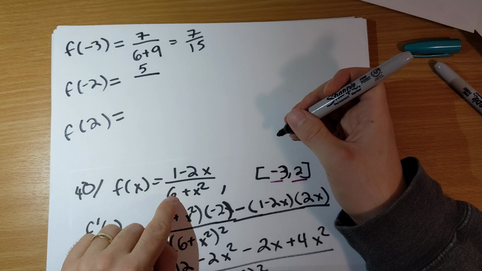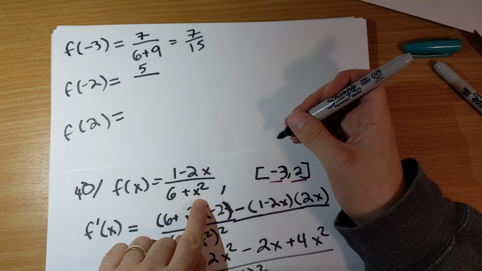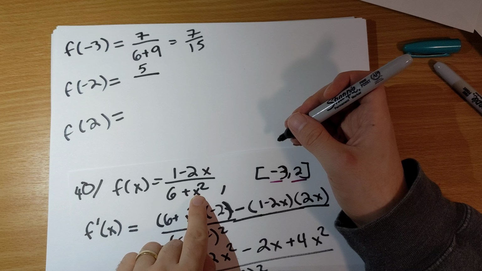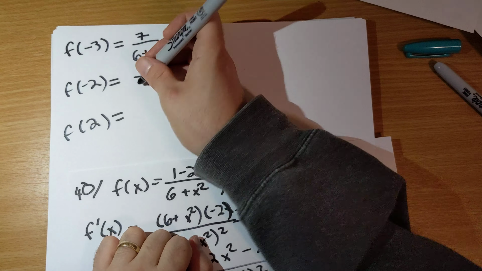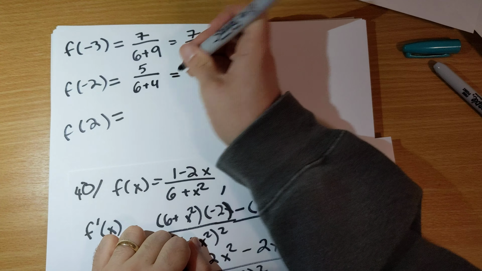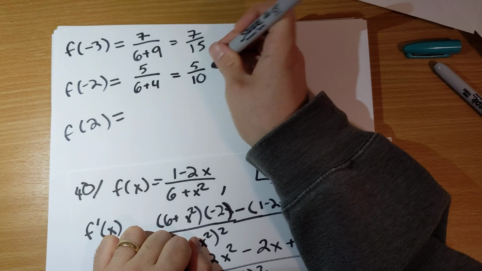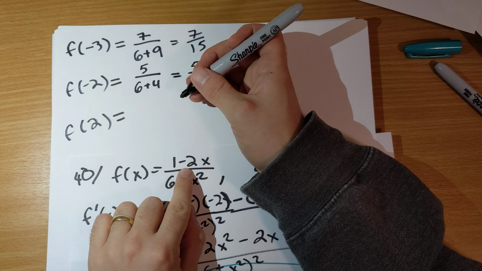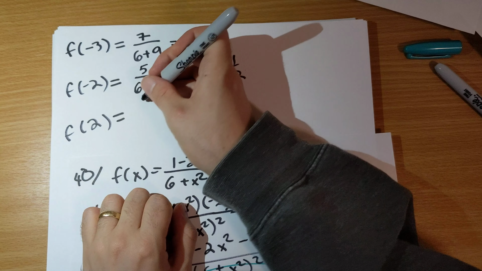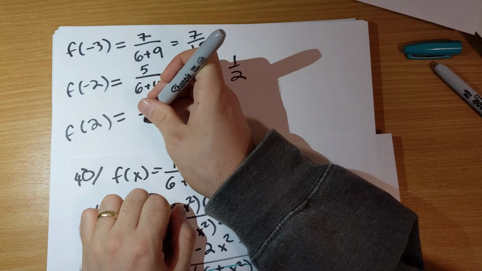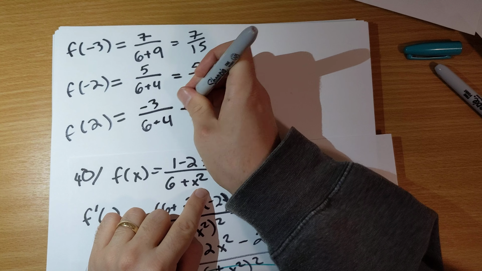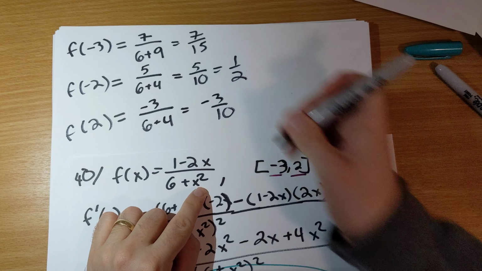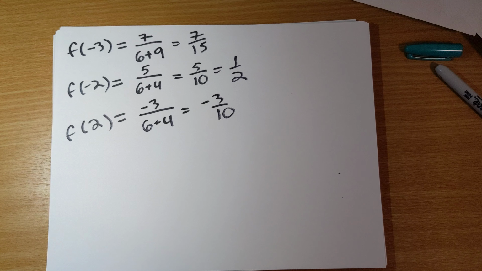That would be 5 over 6 plus -2 squared, 6 plus 4. So that would be 5/10, or 1/2. And f of 2 would be 1 minus 2 times 2, so that would be -3 over 6 plus 2 squared is 4. So that would be -3/10.